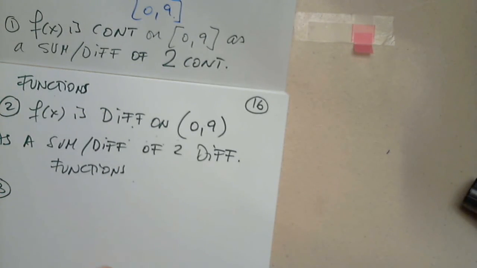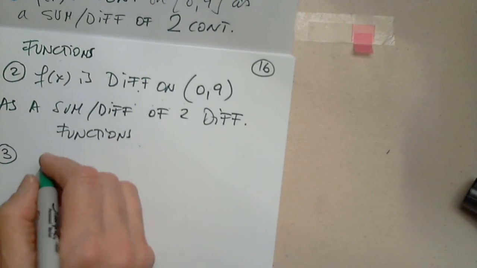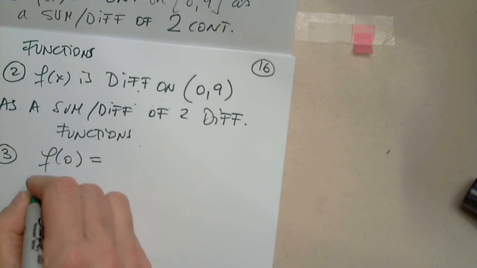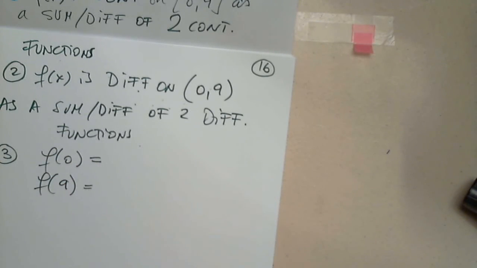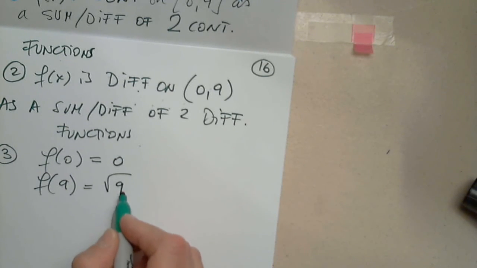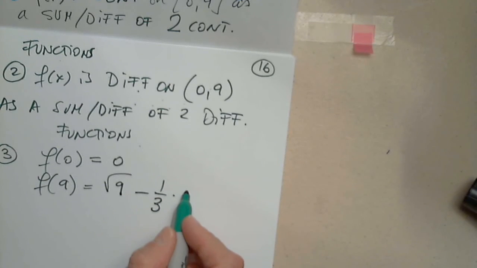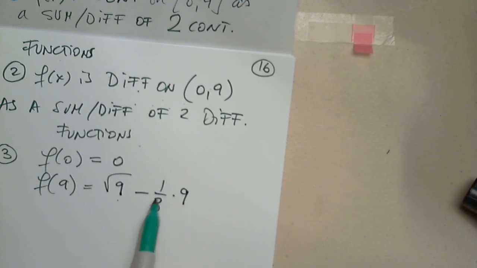Now, in number 3, I have to find f of 0, and I have to find f of 9. f of 0 is easy, it's 0, but f of 9 is the square root of 9 minus 1/3 times 9. So this is 3, and this is 3, indeed it is 0.